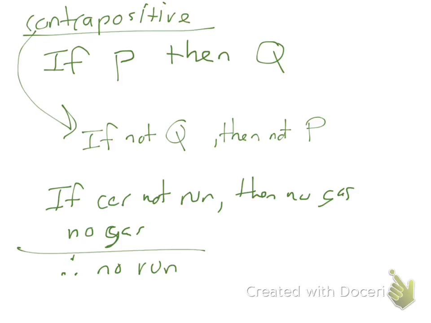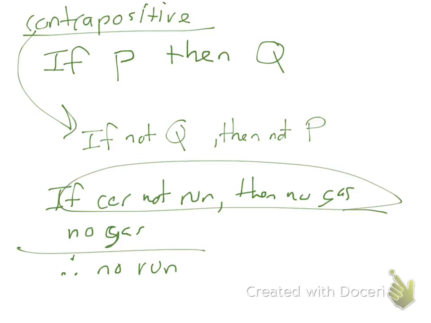So, what happens if I take the very first sentence here, change it to its contrapositive? I'm going to change colors. I'm running out of room here. So now, if gas, then run, no gas, therefore no run. Does it still place the object into the group?